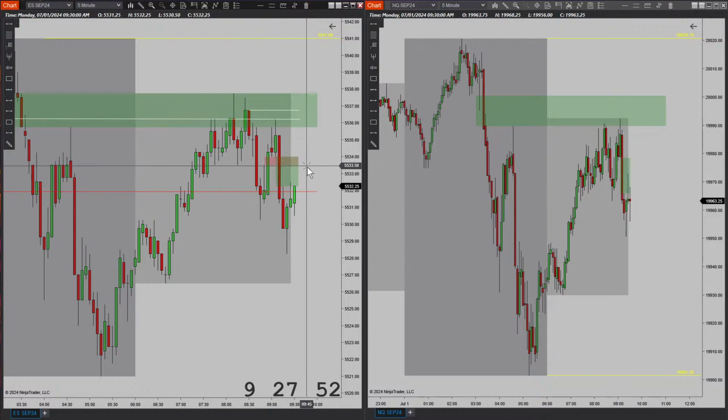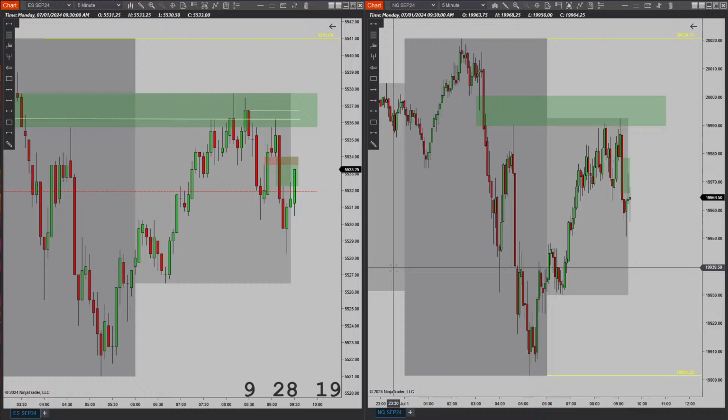Okay, so what I'm going to do is I'm going to get short at 33.50. Where's the DOM? There it is. Here we go.